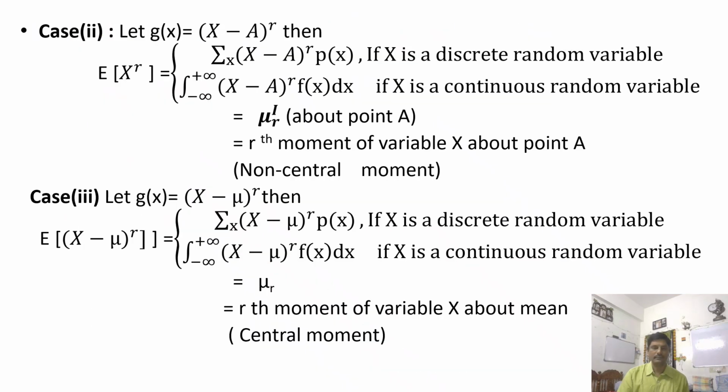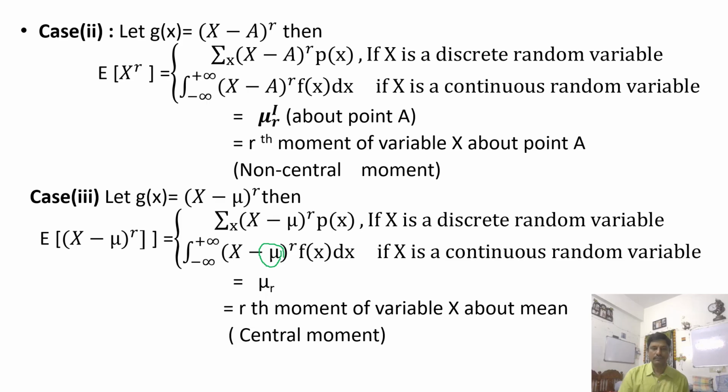So here we are coming to the case 3 point of view. Let g of x be equal to x minus mu whole to the power of r. Then this expectation is called the rth moment of variable x about the mean, x minus mu.